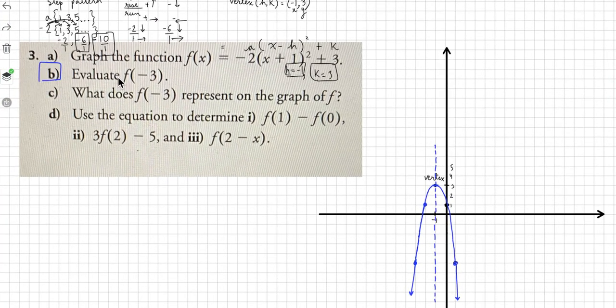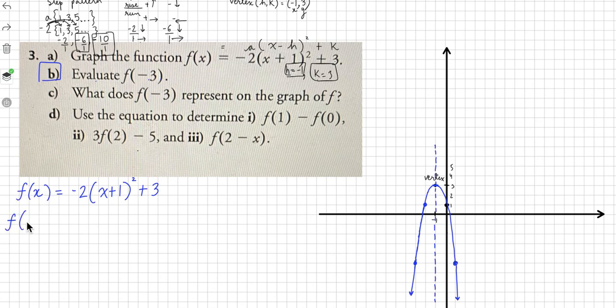B part is asking, it says evaluate f of negative 3. How to do that here? Take the function here. This is the function f of x equals negative 2 times (x plus 1) whole squared plus 3. Right now they are saying f of negative 3.